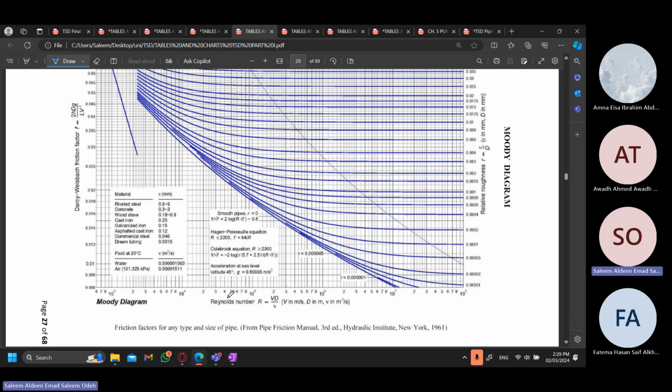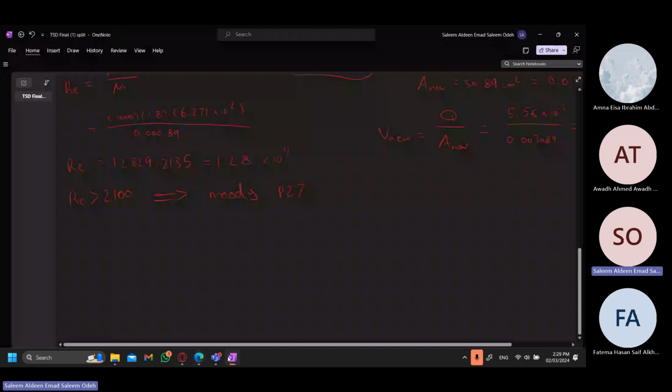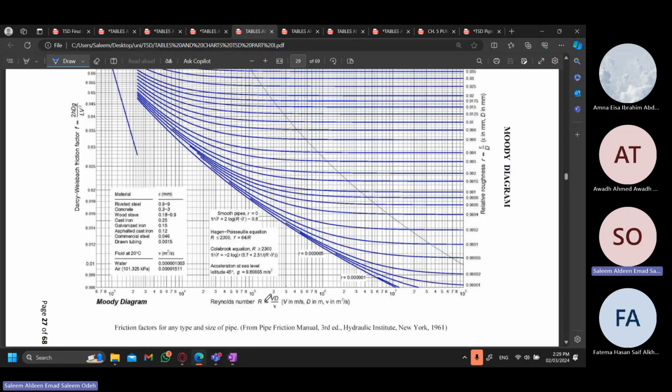So we have a Reynolds number of 1.26. So we'll go down here.